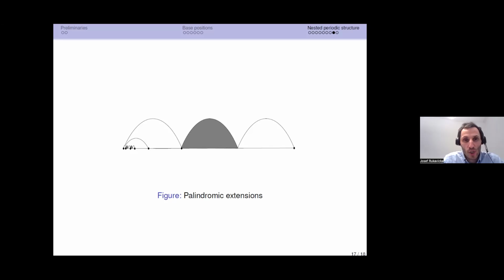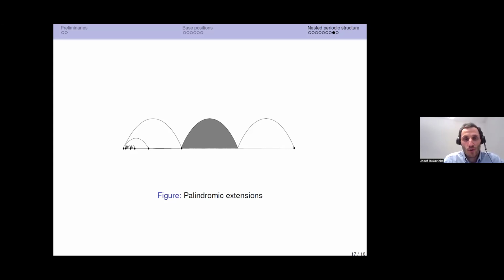So using one single point, in this case, because there are 3 non-periodic palindromic prefixes, I construct 3 nested periodic structures. So I say, all the positions that I can achieve using one palindrome can be covered by 3 nested periodic structures.